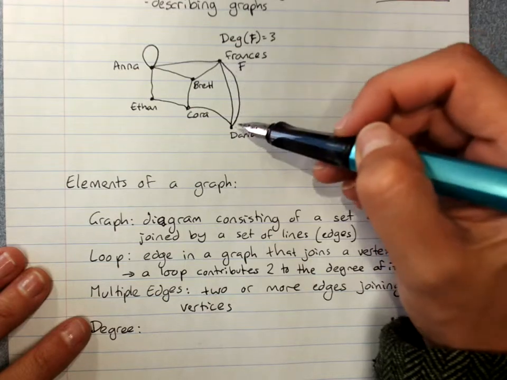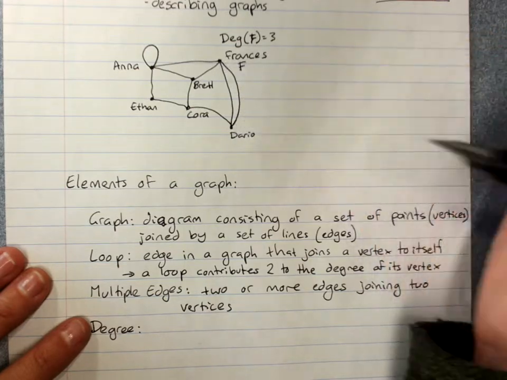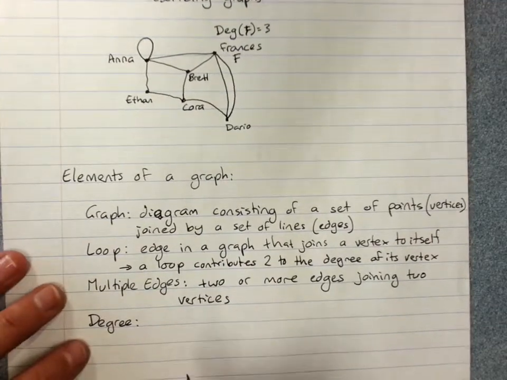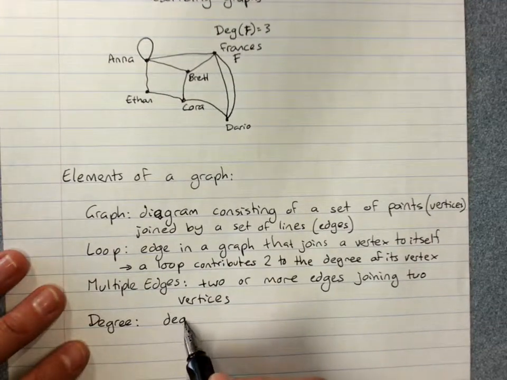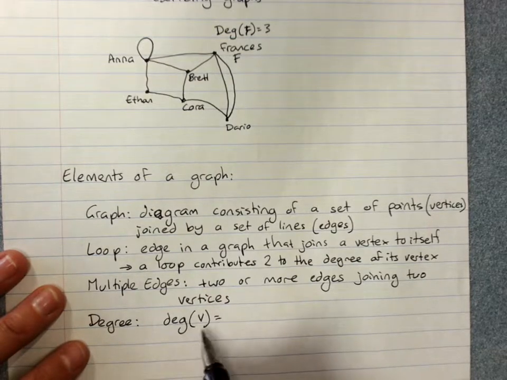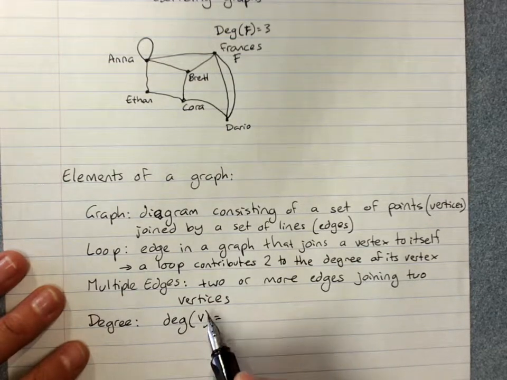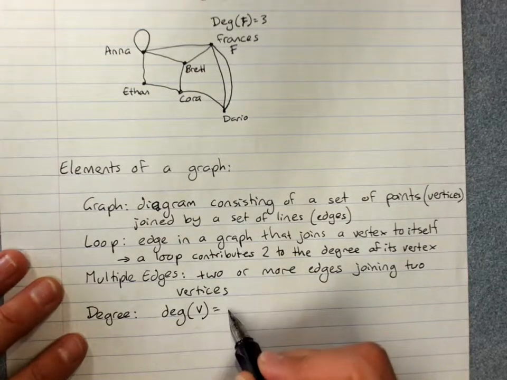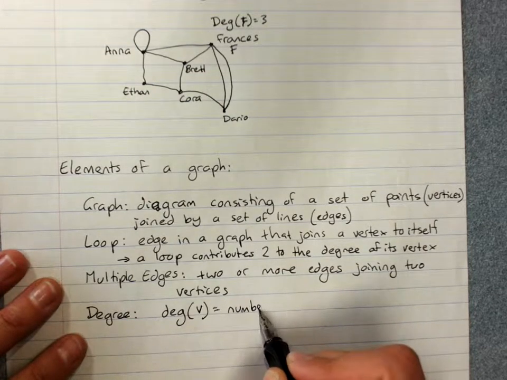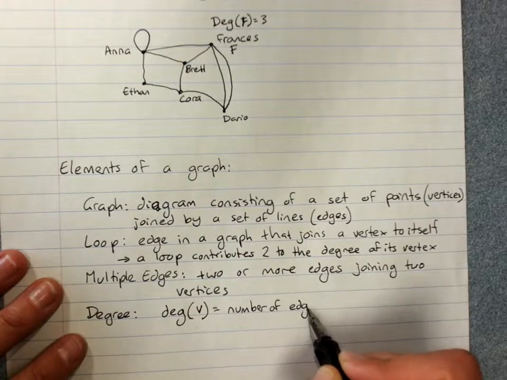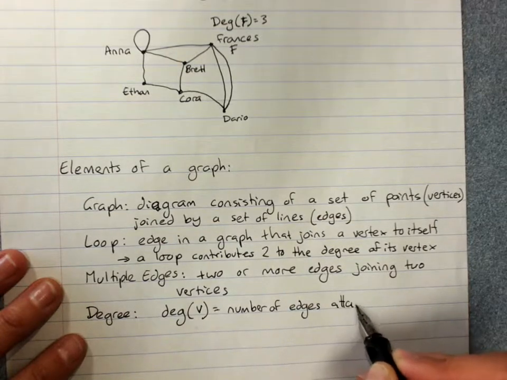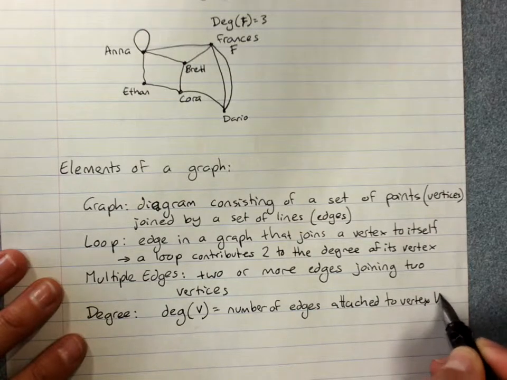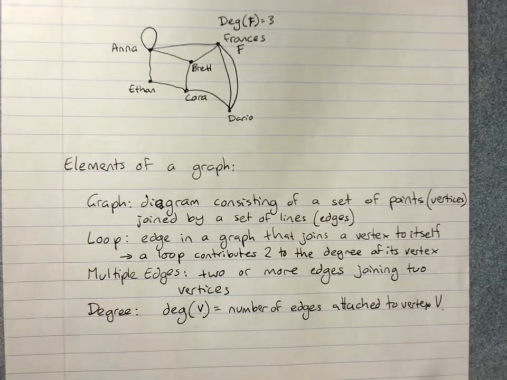There's 2 ways which we could say Francis and Dario are connected. And we know the degree of a vertex. The degree of any vertex, designated by a capital V, is the number of edges attached to it. So there's some definitions that we need.